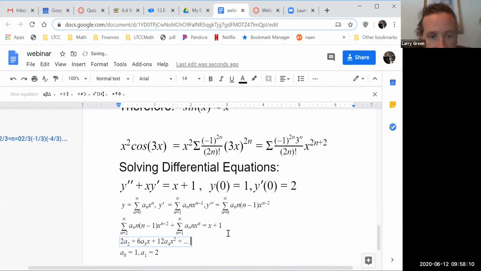Okay, and in particular, if n equals 1, a1 is 2, so you just get 2x. Plus, if n equals 2, I get 2a2 x squared. Plus, if n equals 3, I get 3a3 x cubed.